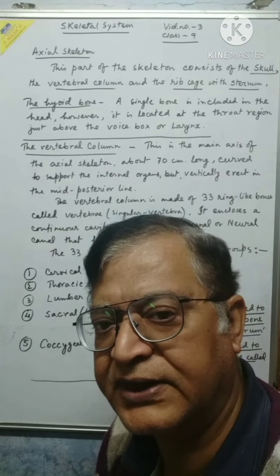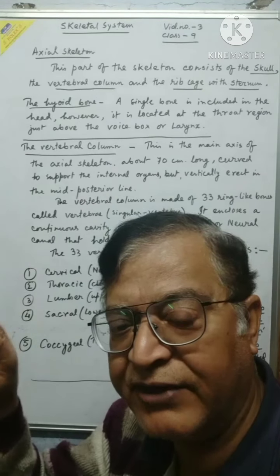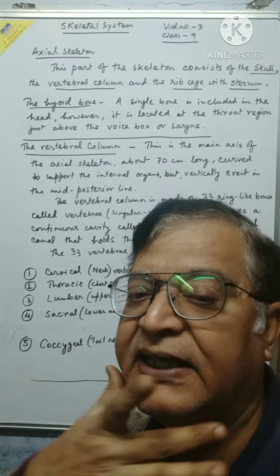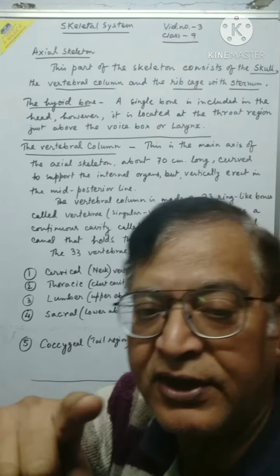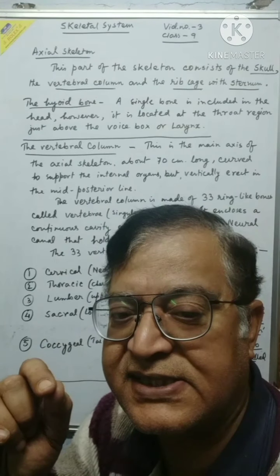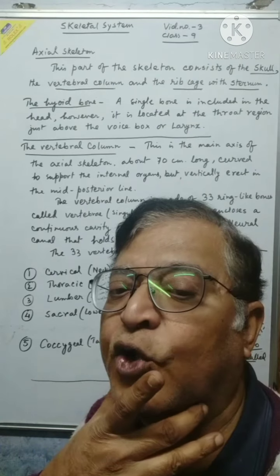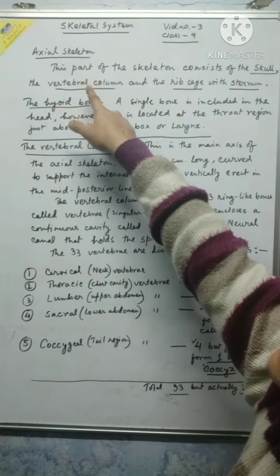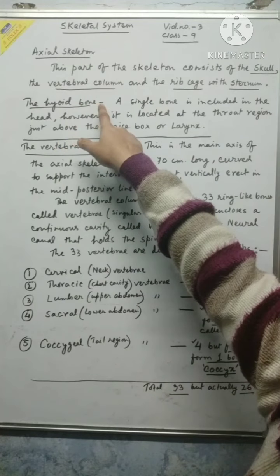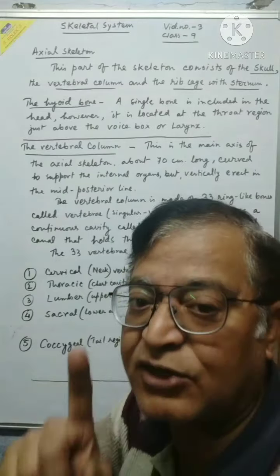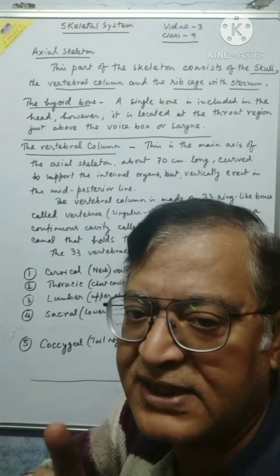I continue with the hyoid bone that is also included in the skull area, head area, which I already told you in the previous video, slightly off from the group. It is in the throat region. Here it is, axial skeleton continued. The hyoid bone is also present in the head, that makes the 29th bone of the skull.